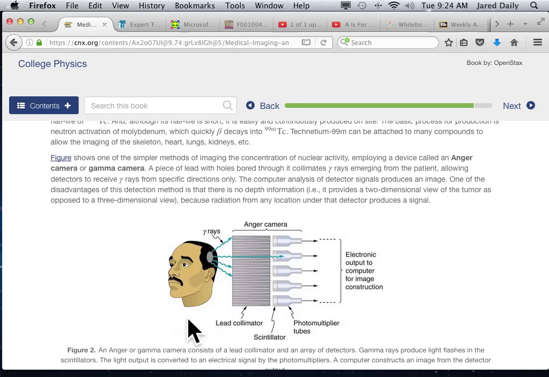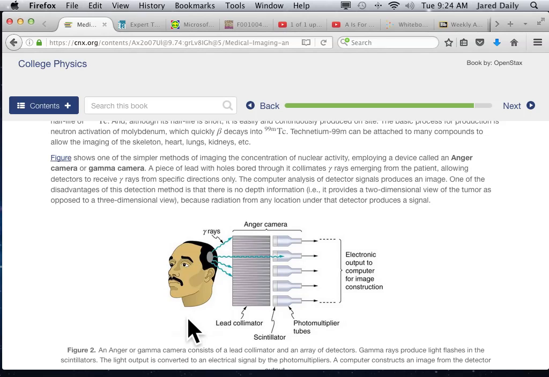In order to have a really good, effective camera that can see different things at different depths inside of your head or your body, you need to have the ability to focus things. But gamma rays just do not focus very well, because they go through things. You can't use lenses or mirrors to focus gamma rays because they'll just go right through.